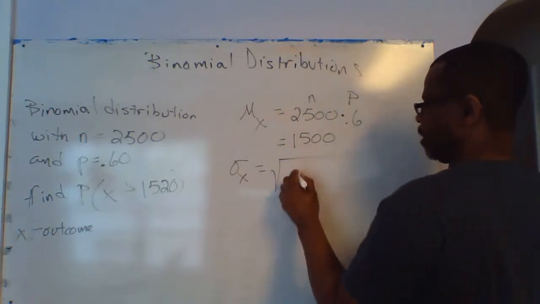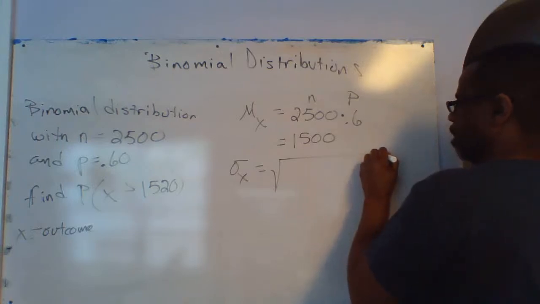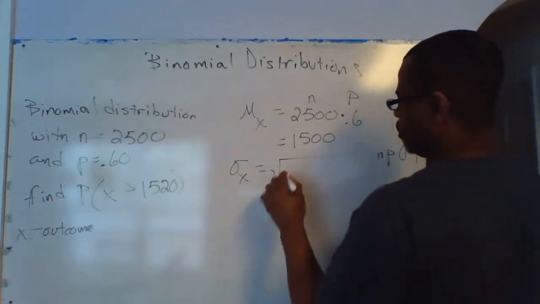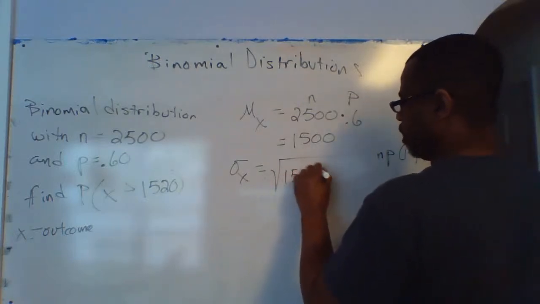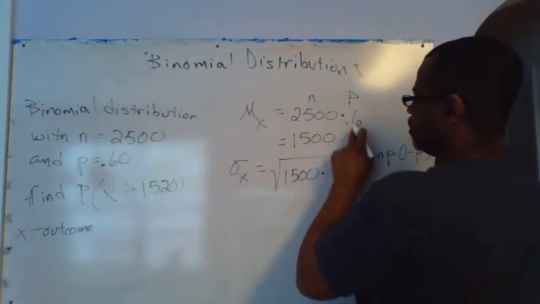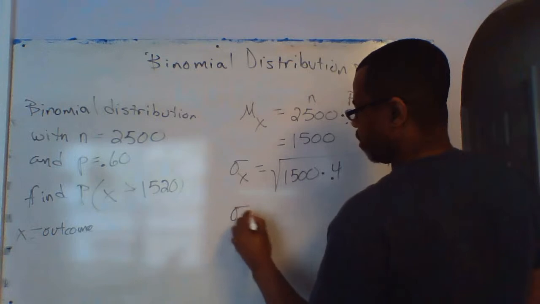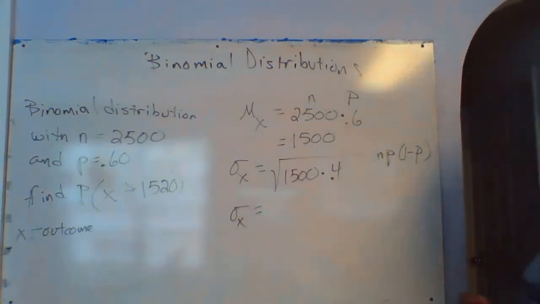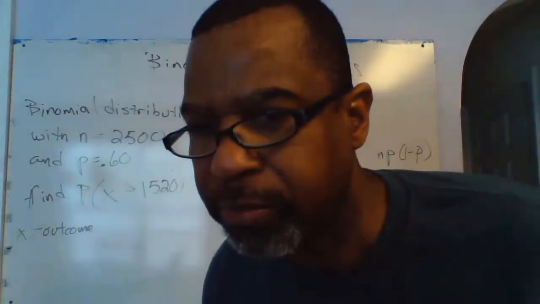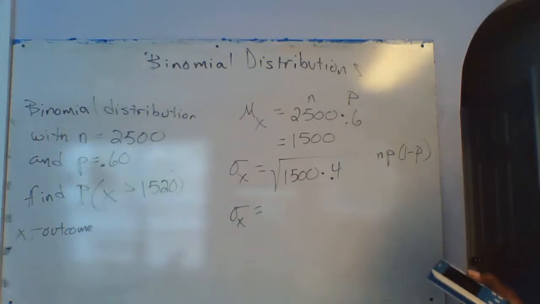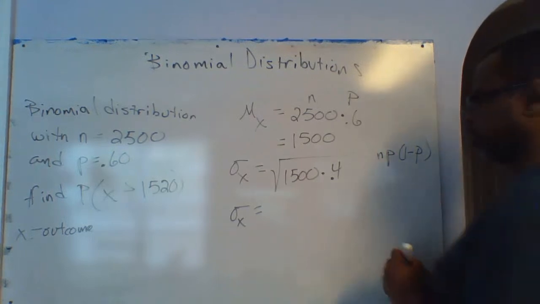Then up under here, we're going to do n times p times 1 minus p. So in that case, n times p is 1,500. And since our success was 60%, that means our failure is 40%. So now we want to do 40% of 1,500, which is going to be 600.